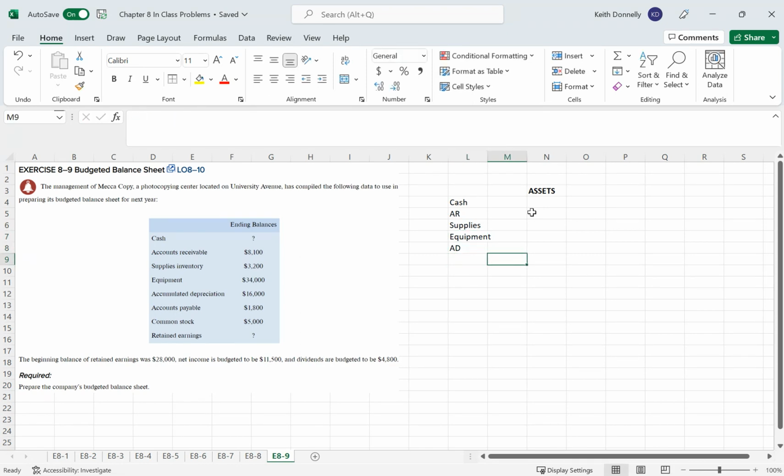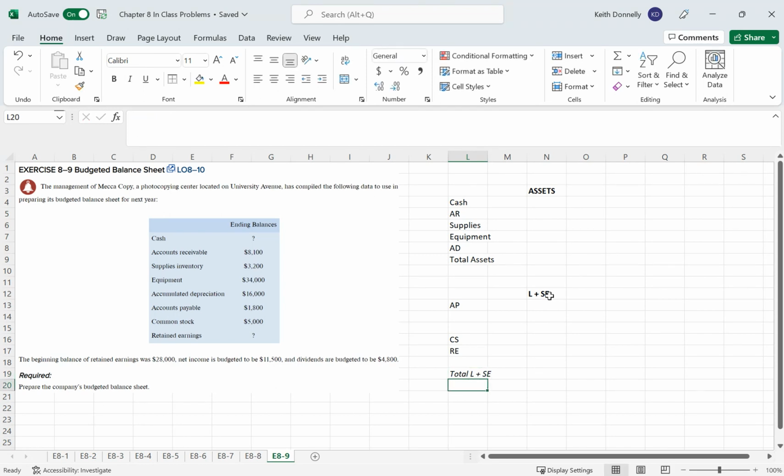That will get us your net amount, but we'll just keep it there, and that will give us our total assets. Then we do our liabilities plus our stockholders' equity. Our liabilities, we have accounts payable, and then under stockholders' equity, we have common stock and retained earnings. That's going to get us total liabilities plus stockholders' equity.